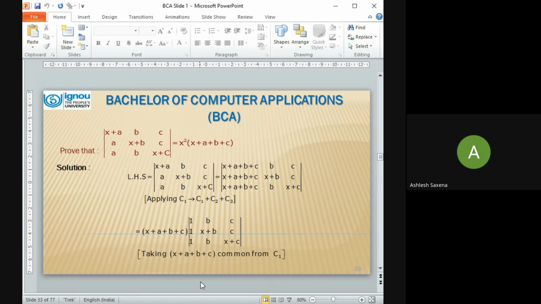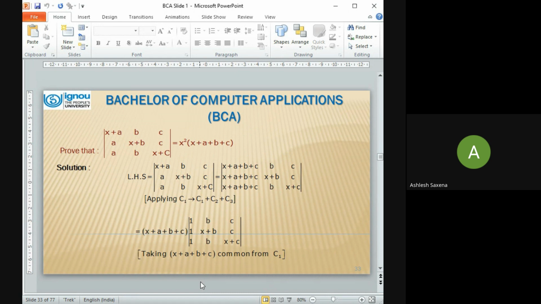It is x square into x plus a plus b plus c. And when you go back to the problem, see, can this big bracket x plus a plus b plus c be obtained by any transformation? Why am I thinking of doing that?